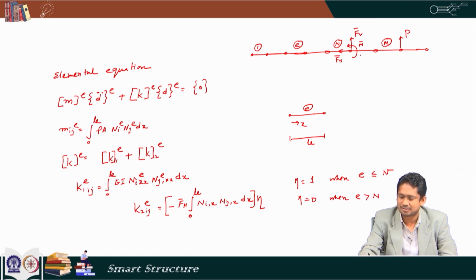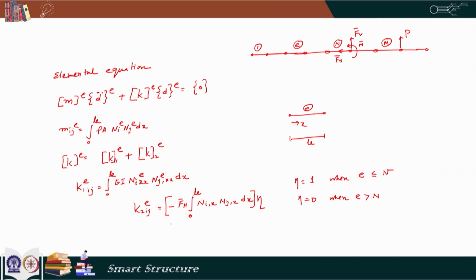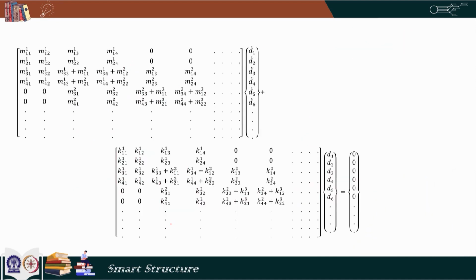So, anything beyond element number n, those elements do not have any contribution from K 2, and the force vector is 0 for the time being. And then after we assemble it, the entire system looks like this.